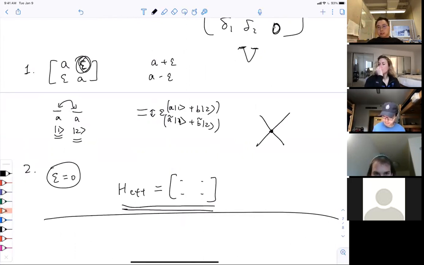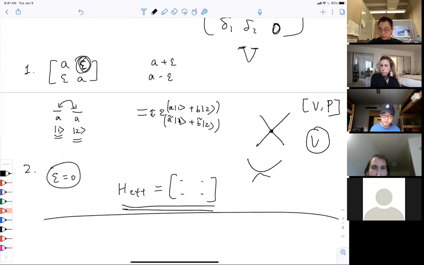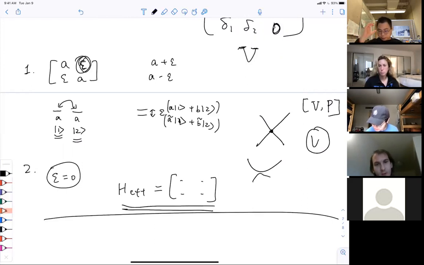As long as the perturbation obeys the same symmetry, for example parity symmetry, that protects this degeneracy, then the degeneracy will not be removed. That's a very general statement, actually.